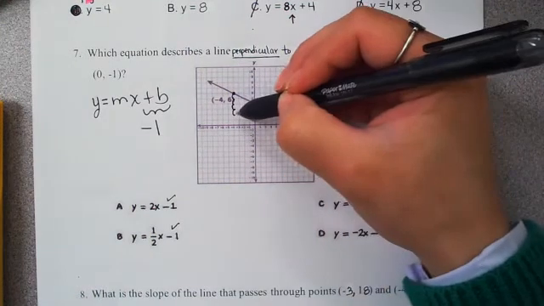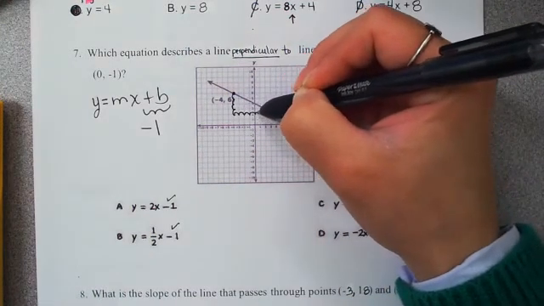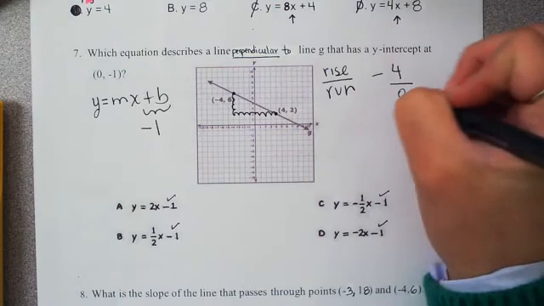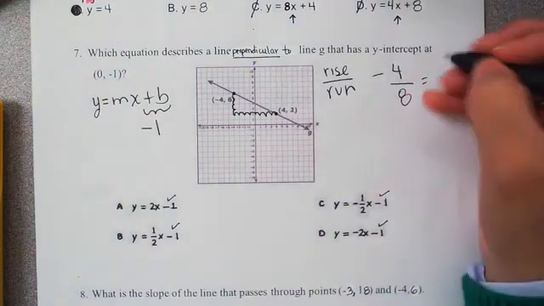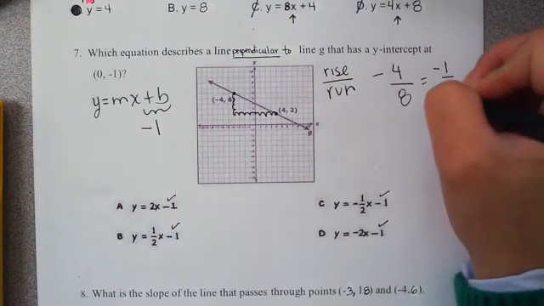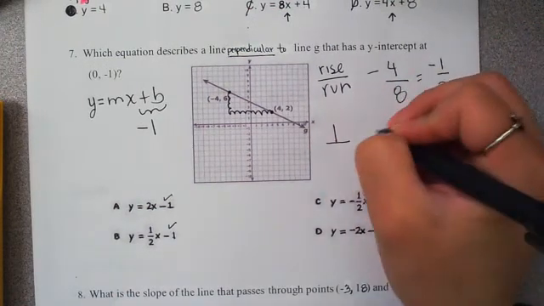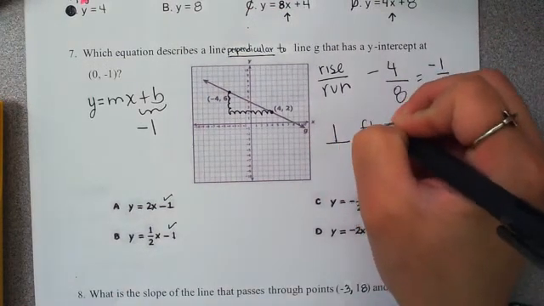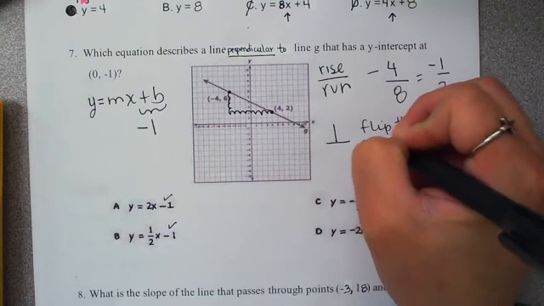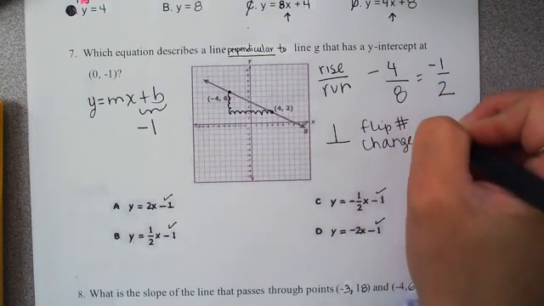So you're going to go 1, 2, 3, 4. And notice how it's going down, so this is negative. And then you're going to run 1, 2, 3, 4, 5, 6, 7, 8. Negative 4/8 is the same thing as negative 1/2. Now, what does perpendicular mean?